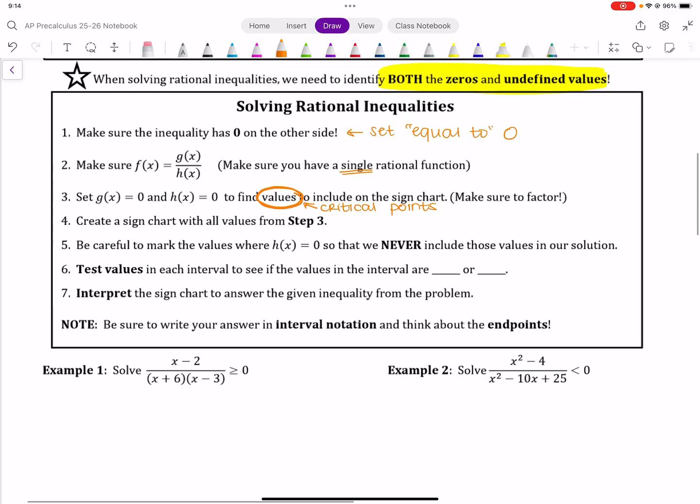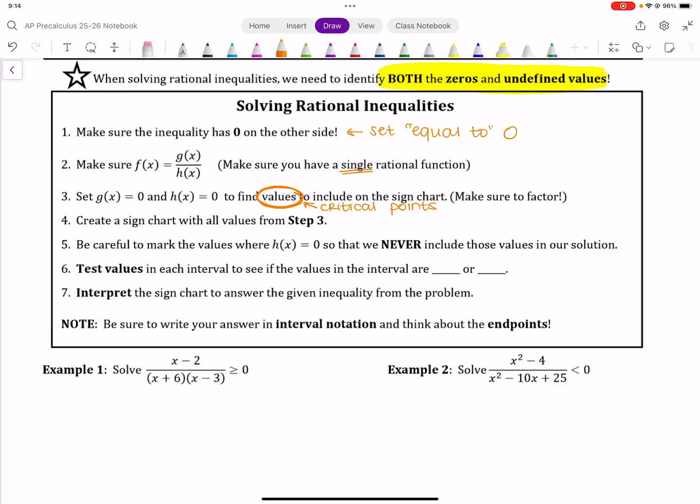So, before we continue with our steps, if we look at example 1, we can see that we do not have any factors in common, so it's already simplified. 0 is by itself, so we've done step 1.